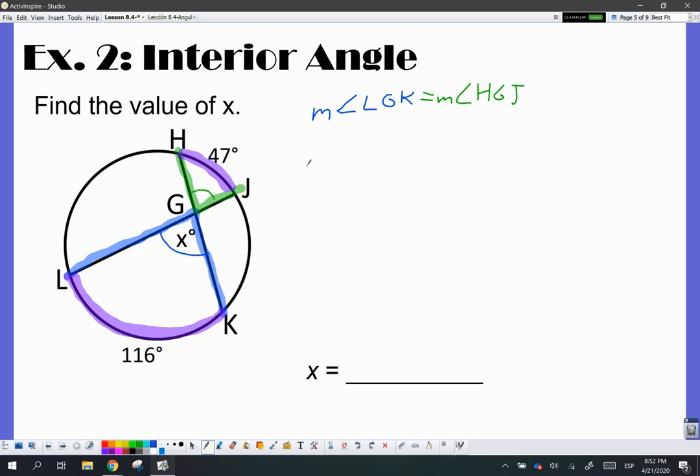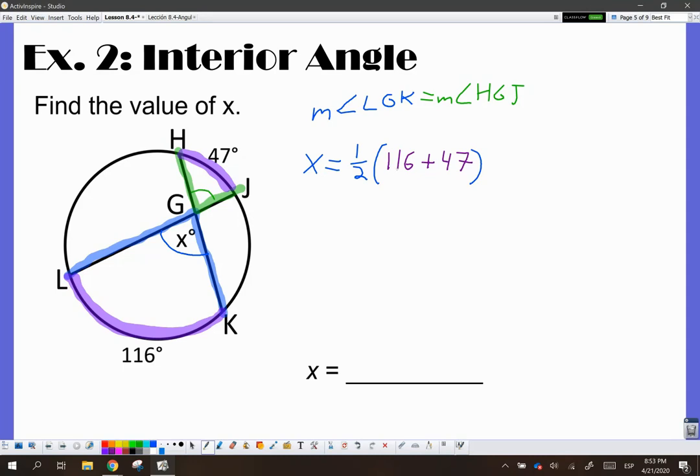So let's write it out. We have x equals, we know that our formula is 1/2, and we're going to be adding the measures of these arcs: 116 plus 47. And now all we have to do is solve it.